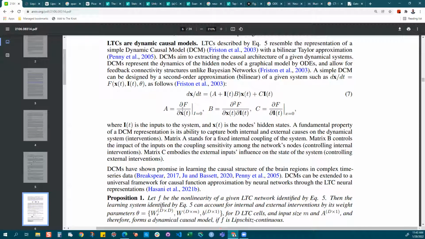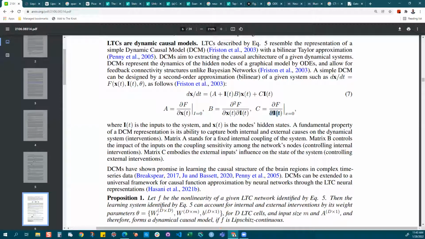And then they have made the function a little bit simpler by assigning different derivations to these values. A is the first derivative of this function f with respect to the hidden state x, and then B is the second derivative, or as it's mentioned, bilinear Taylor. It's a bilinear, or second order, approximation with respect to all the inputs that a system receives and also the hidden state of the neural network.